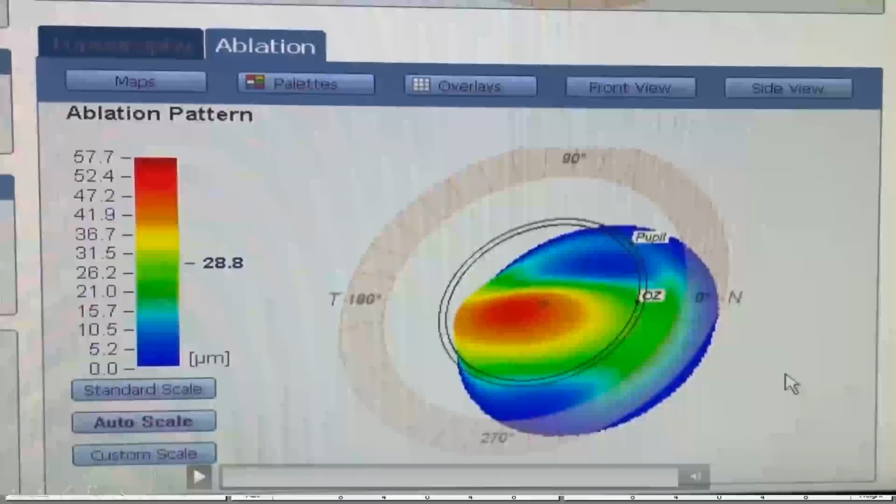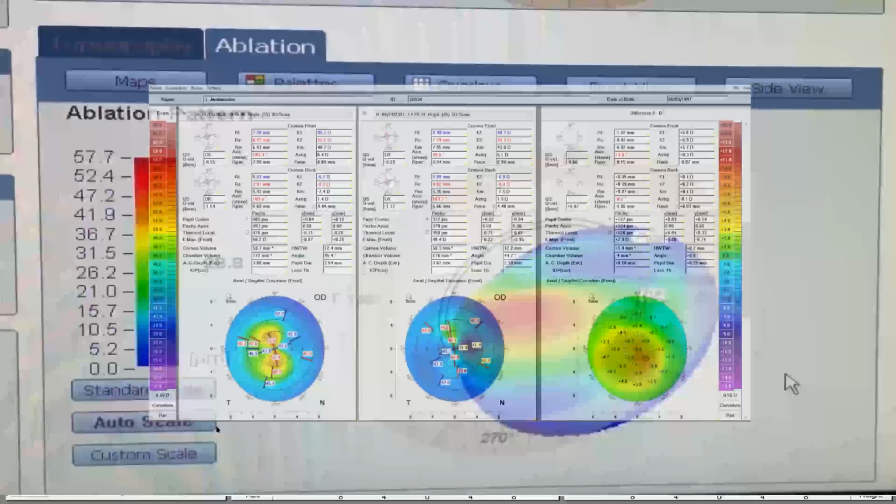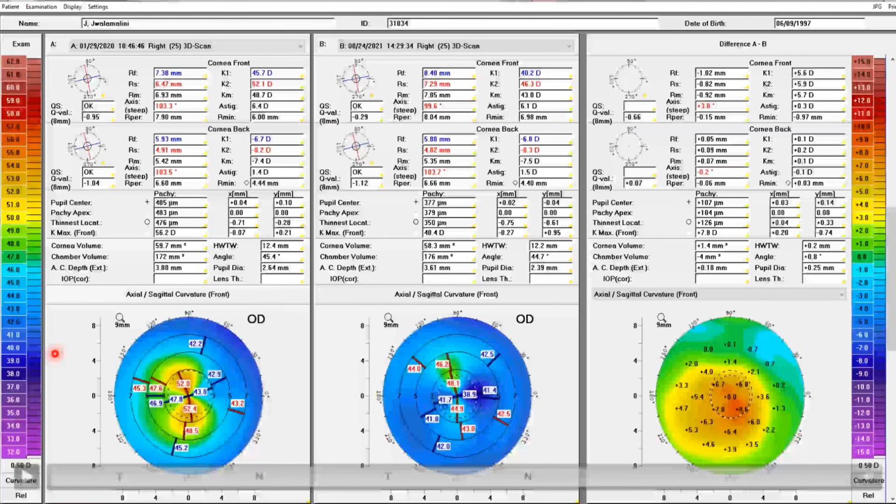And this is the post-operative Pentacam result of this particular patient at 1 year. As you can see, the preoperative Kmax was 56.2 diopters, and the post-operative Kmax at 1 year is 48.4 diopters. So there is a 7.8 diopter flattening which has been seen in this particular patient.